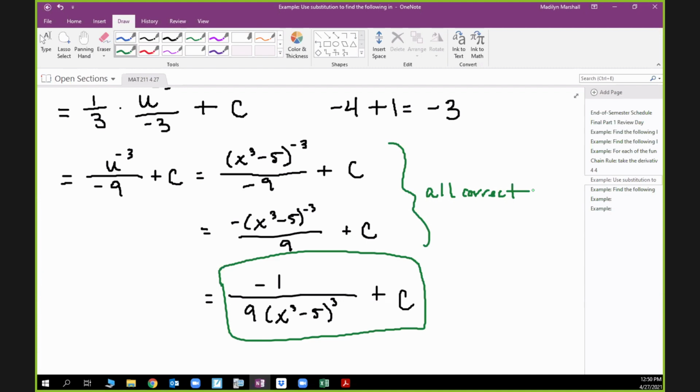So there will be a substitution problem, and that one actually says in the instructions, use substitution to find this indefinite integral. We also have one definite integral by hand, which does not use substitution. Which I think we should do.